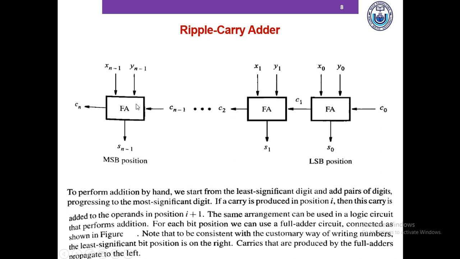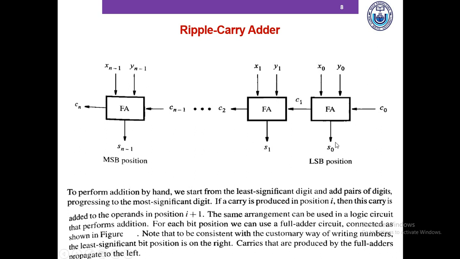This continues until we reach the last full adder. When the last full adder receives Cn-1 from its adjacent full adder, it produces the sum and the carry, and the final carry goes to the beginning of the number. So the final output is Cn, Sn-1, Sn-2, Sn-3 up to S1, S0. That's the final output.